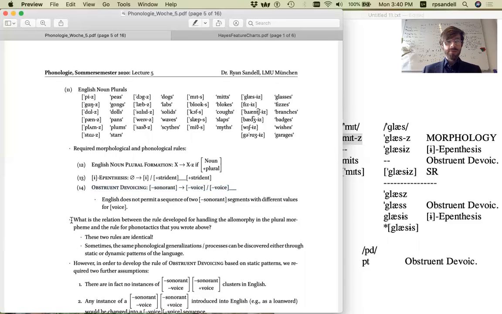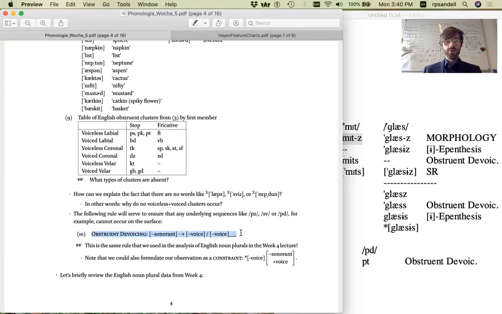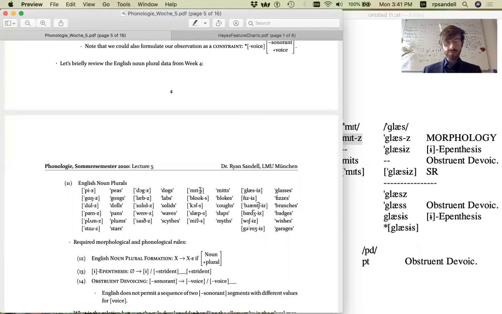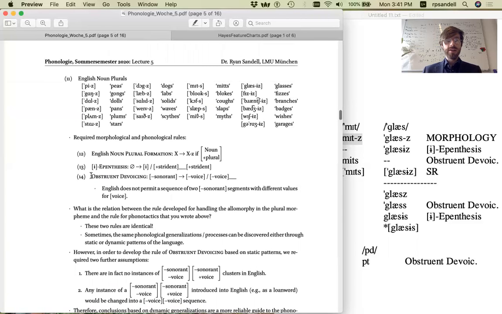So in terms of talking about a relation between a rule that we can write in order to explain the fact that these sequences of sounds, pz, sv, and pd, never occur on the surface in English words, and how we can explain the fact that a voiceless s occurs after voiceless obstruents in the plural morpheme, that can be explained through the same rule, this rule of obstruent devoicing.